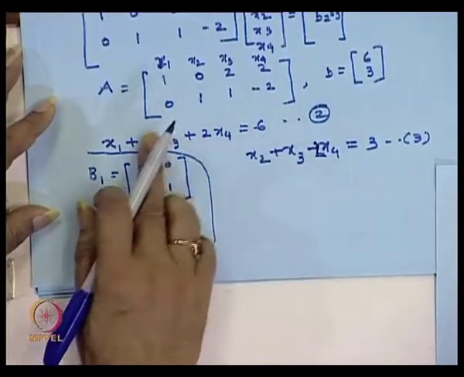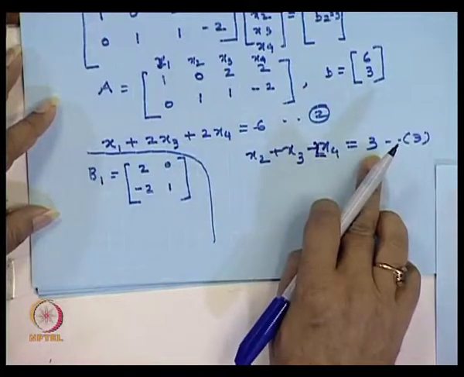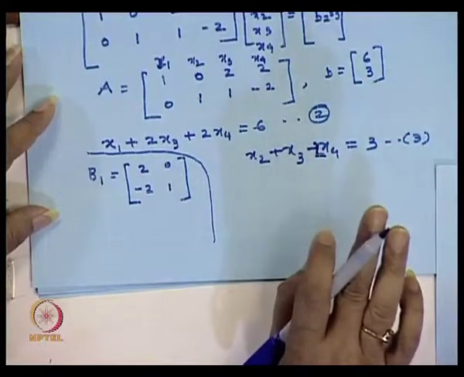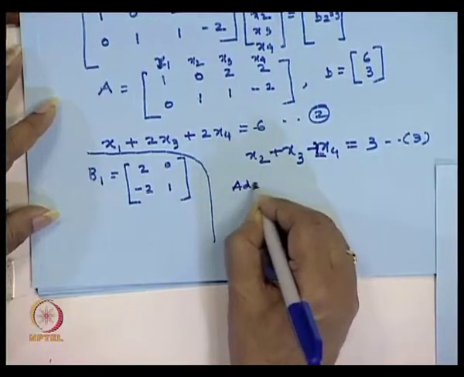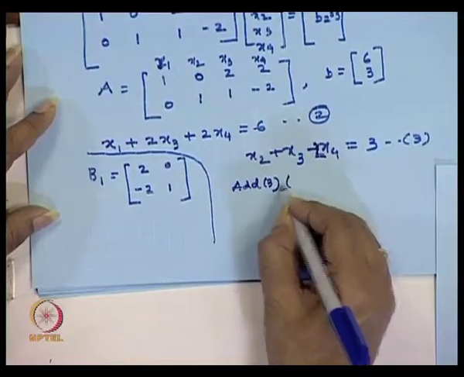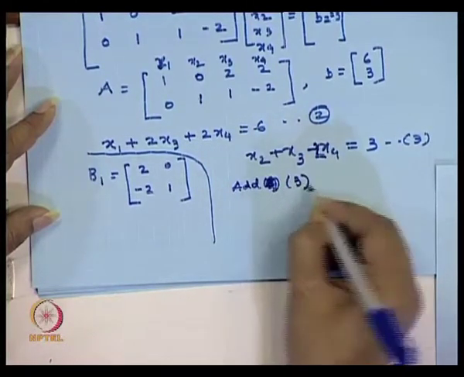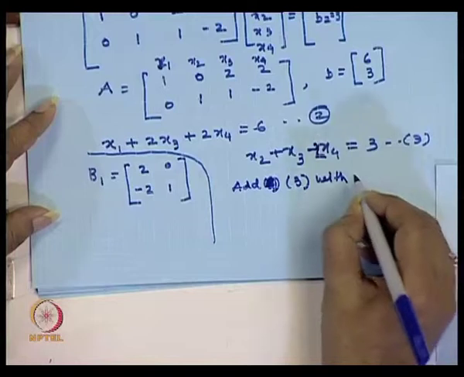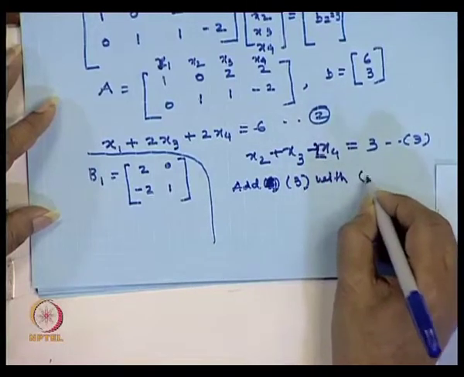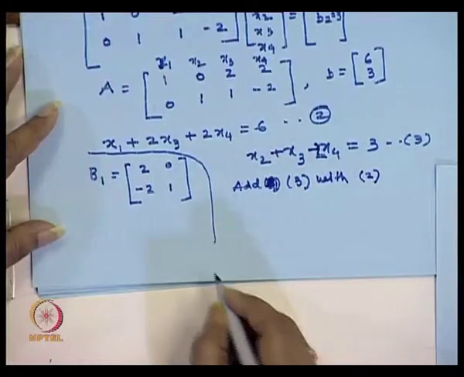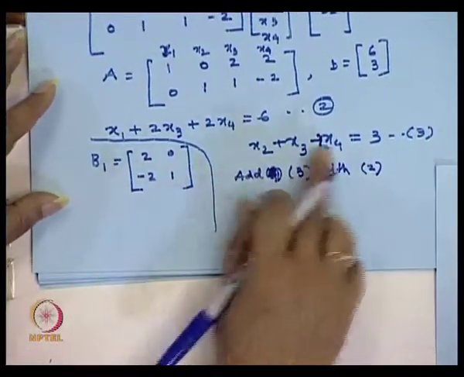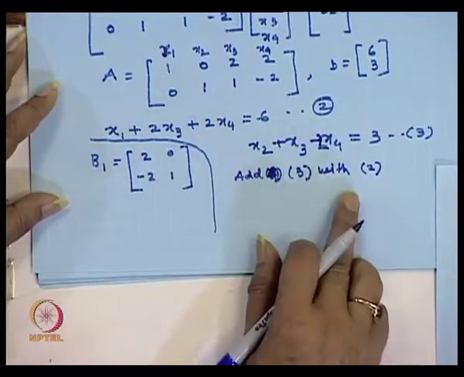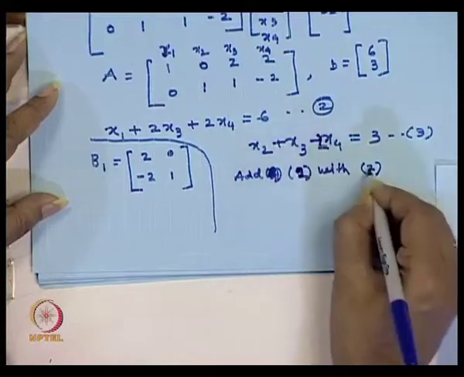Now, if you do it the elementary way, you add equation 2 to equation 3, then this variable is eliminated. So equation 2 is added with equation 3.